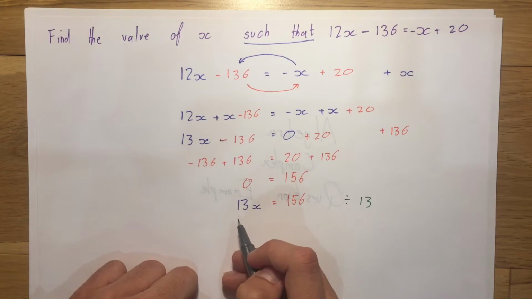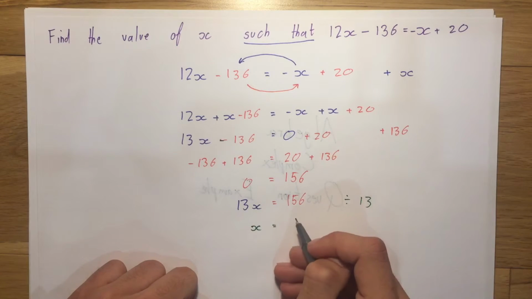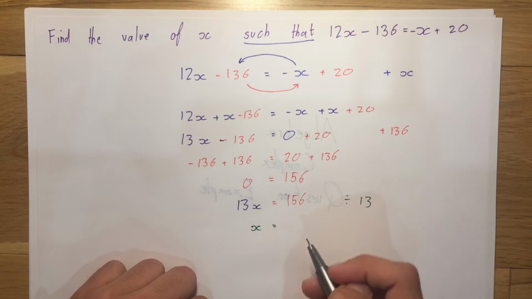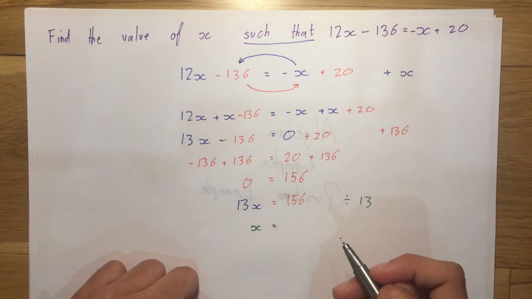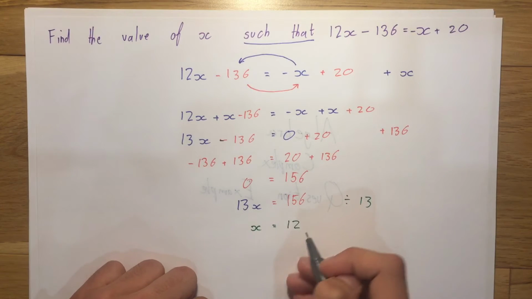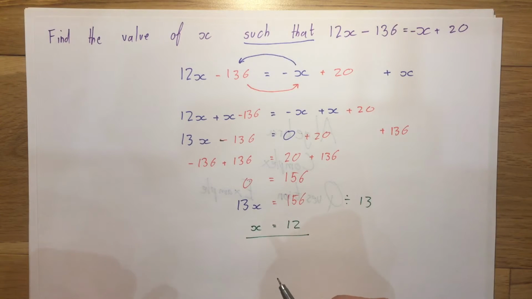So 13 divided by 13 is 1, which means we have 1x is equal to 156 divided by 13, which I know personally is 12. So there we have it. This is our answer. x is equal to 12.